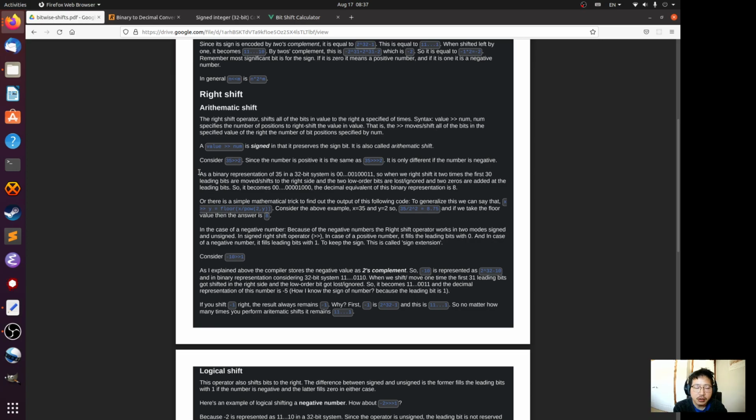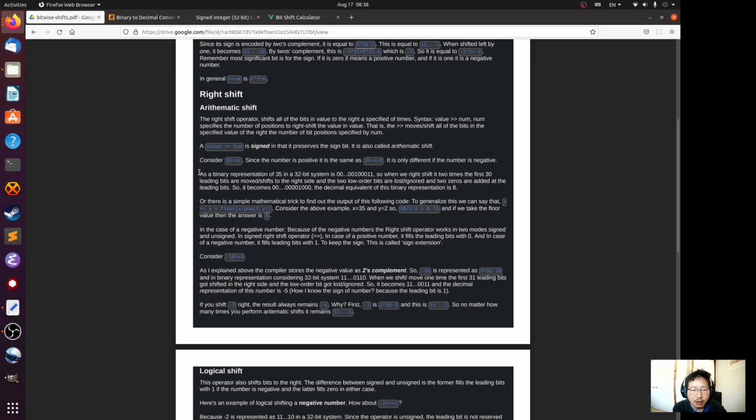Yeah, so this is a converse of the left shift. Let's say we have a 32-bit number again, and in the right shift, you're shifting all the digits to the right by a certain amount. In doing so, you will lose the lower order bits by shifting, and you will pad the higher order bits to the left with either 0 or 1.